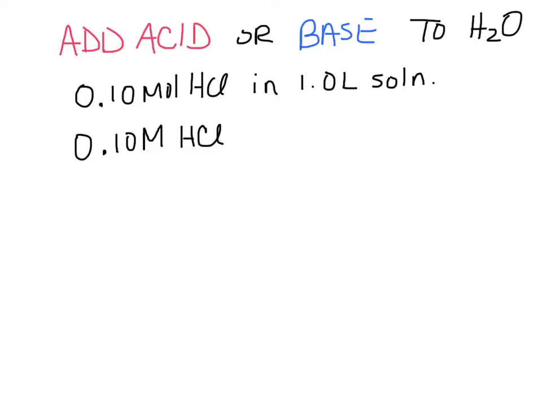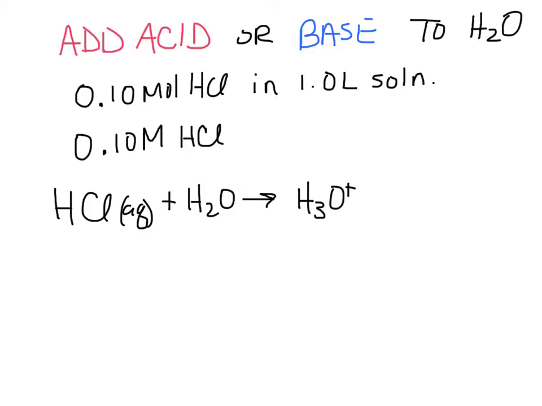So let's write out our reaction. Hydrochloric acid in solution, aqueous, reacts with water to produce hydronium ions and not hydroxide. What's our other ion going to be? Chloride ions in solution. And we could write that without the water, which is fine.